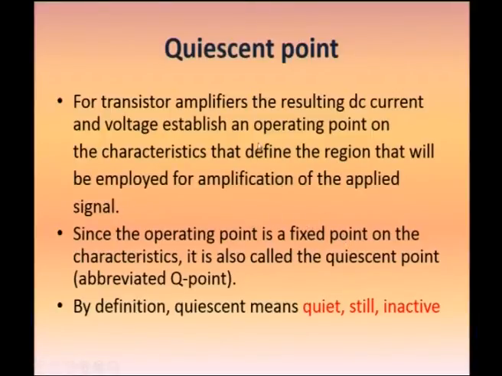So, for that the DC load line and the Q point are important. The Q point is a fixed point, so it is known as the quiescent point, where quiescent means quiet, still, inactive.